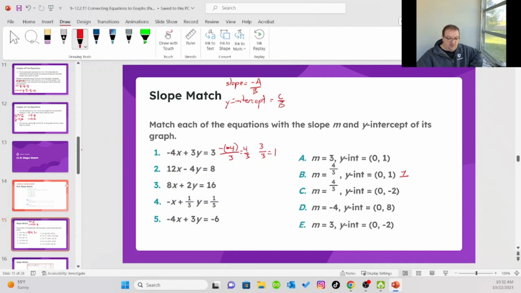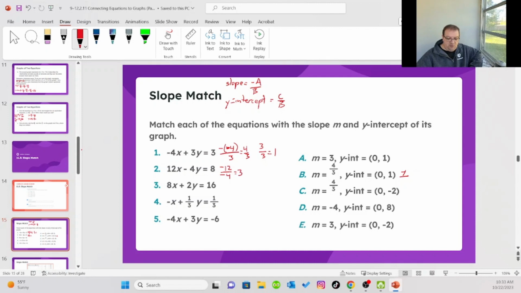Now we look here. I've got slope of negative 12 divided by b, which is negative 4. A negative divided by a negative is a positive, and 12 divided by 4 is 3.